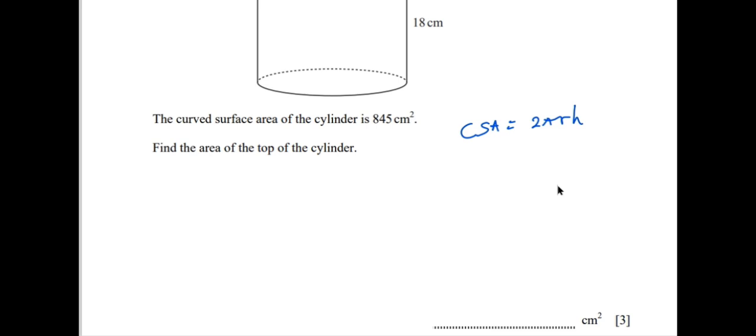So we have the curved surface area as 845 equals 2 times 22 over 7 times R times H, which is 18. With this, we can find the value of R. So 845 equals, when you work out all these, we're going to have 11, and if you use your calculator to press this, 113.14 R.